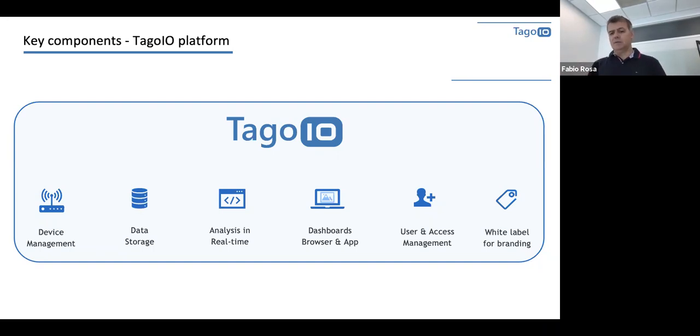And we have the white label version as well. So we offer, with our starting model, a subdomain under TagoIO, so that you can share this with your end users. But if you want completely white label, with your own domain, that's also a possibility.